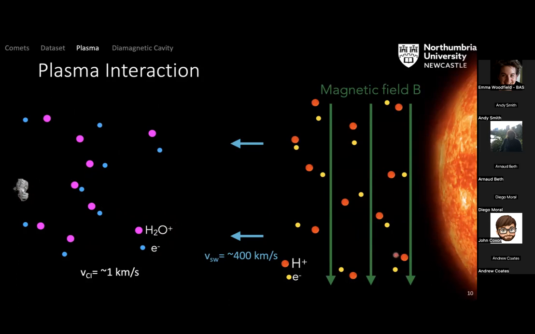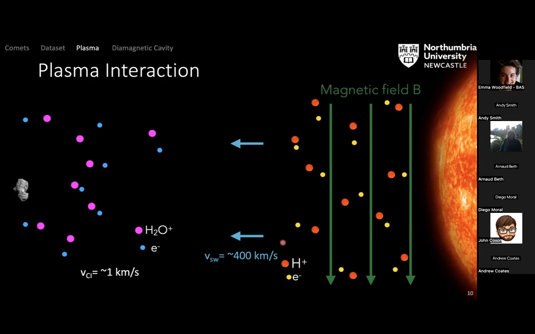On the other side, we obviously have the solar wind at a speed of roughly 400 kilometers per second, mostly made up of protons. So these are much lighter ions, but it also has a magnetic field. And so we have these two plasmas that interact with each other. One is very slow and heavy, and the other one is very light but fast.